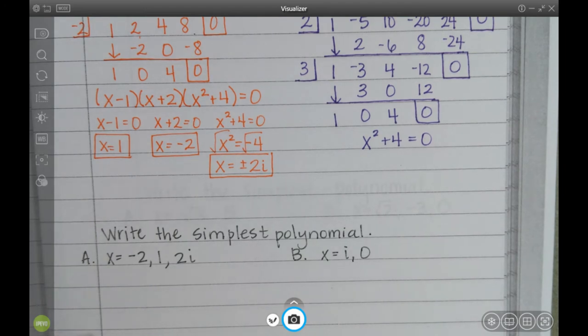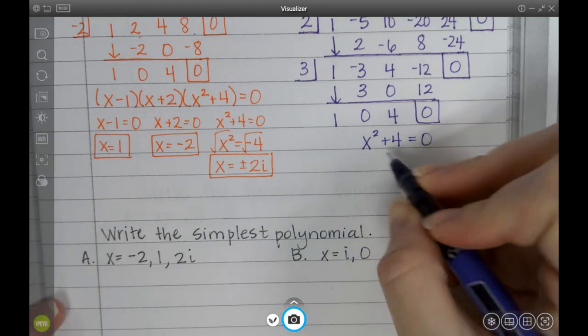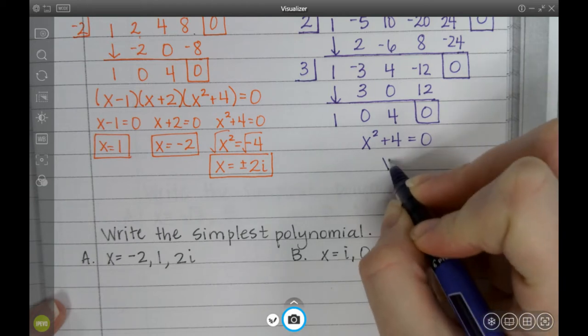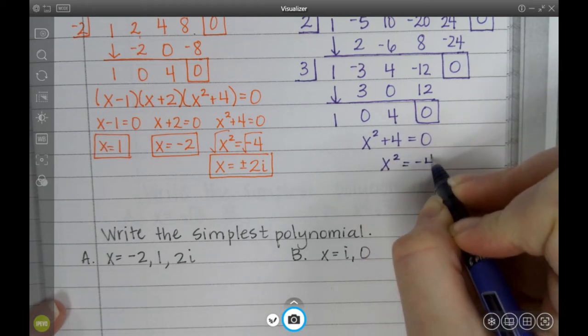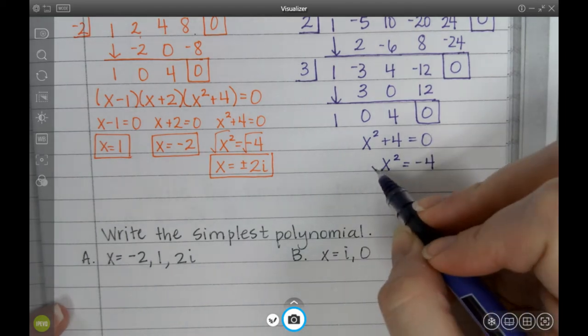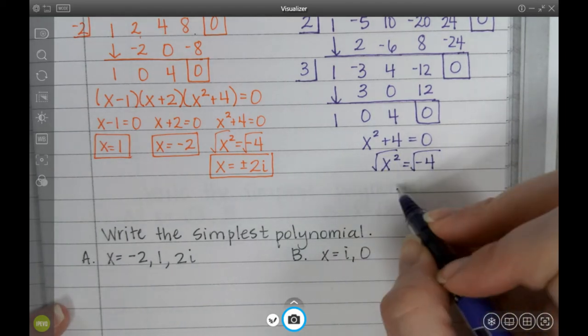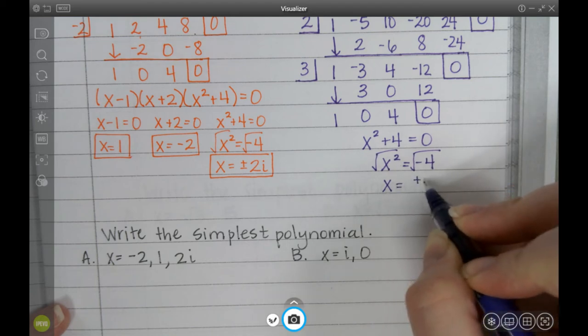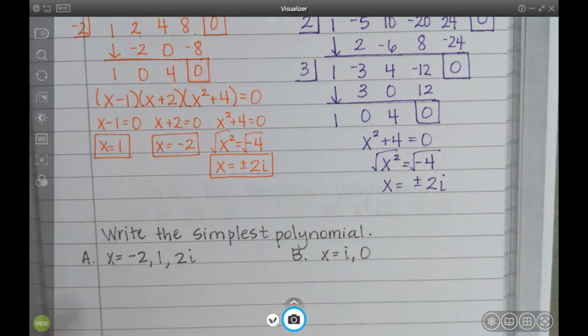I'm going to subtract the 4 and then square root. So subtract 4 over, you get x squared equals -4. Then you take the square root of a negative number. What happens when you do that? Plus or minus 2i.